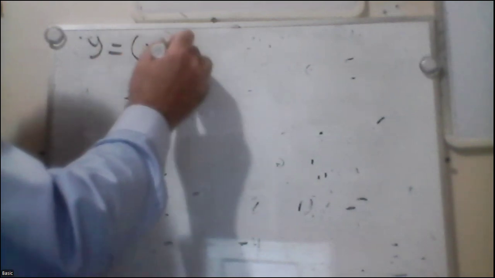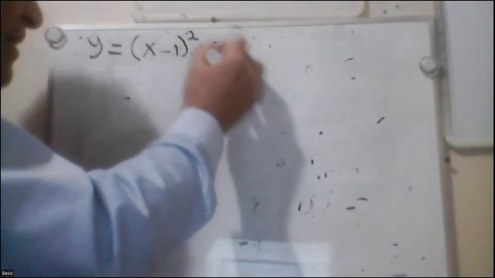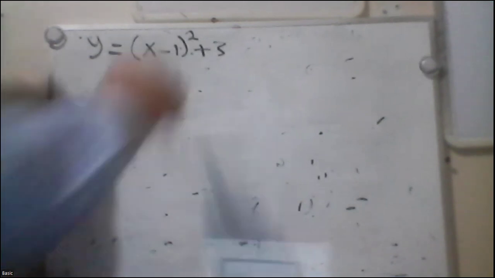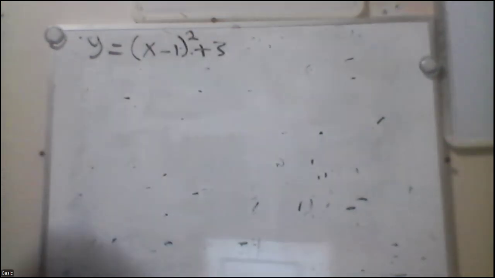We have y equal x minus 1 all squared plus 3. This is minus 1. x minus 1 all squared plus 3.